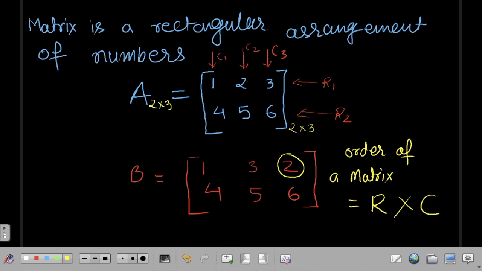Let me show you some other matrices. Let's have a matrix C. Now C is a matrix like this. It has 1, 5, 3, 4, 6, 9. Now, what is the order of this matrix? You are again going to count the number of rows and number of columns.